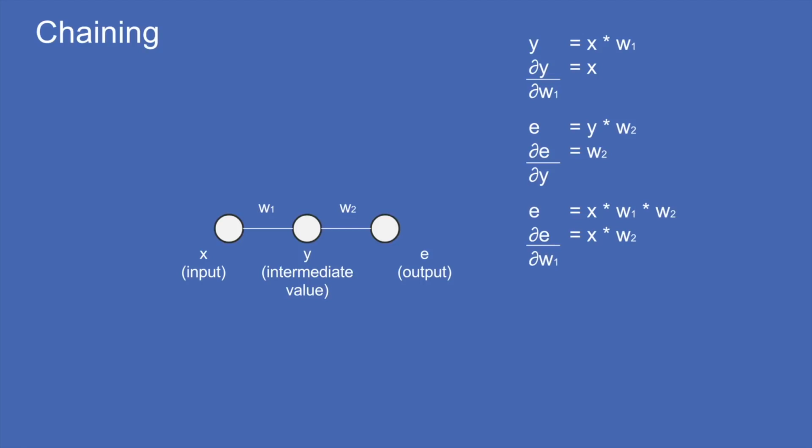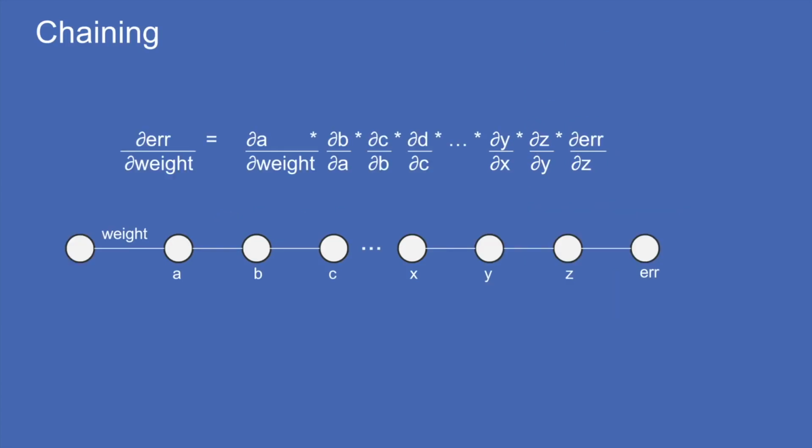You can see here now that what we just calculated is actually the product of our first derivative, dy/dw1, times the derivative for the next step, dE/dy, multiplied together. This is chaining. You can calculate the slope of each tiny step and then multiply all of those together to get the slope of the full chain, the derivative of the full chain.